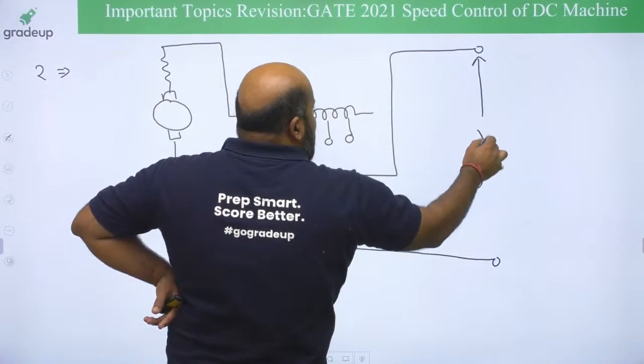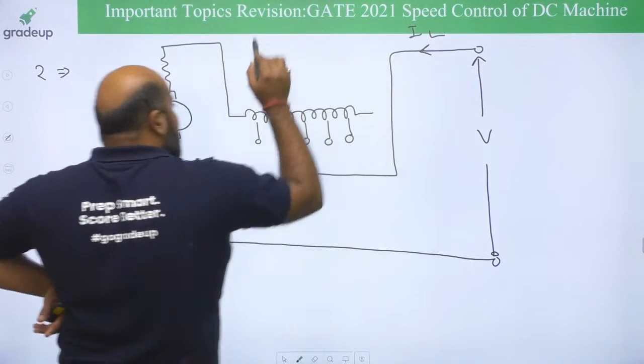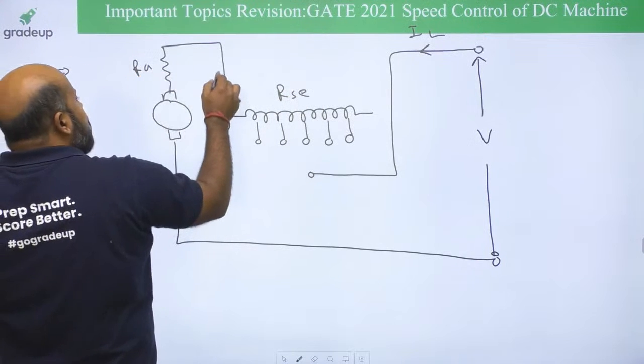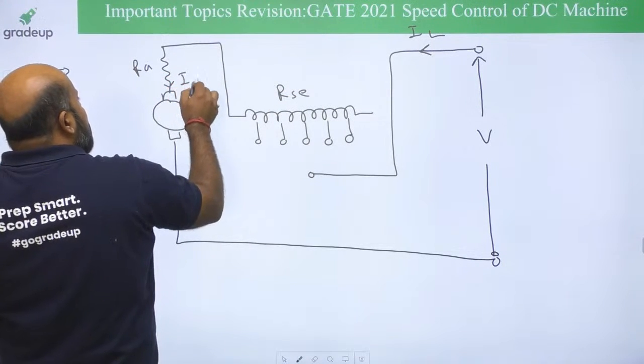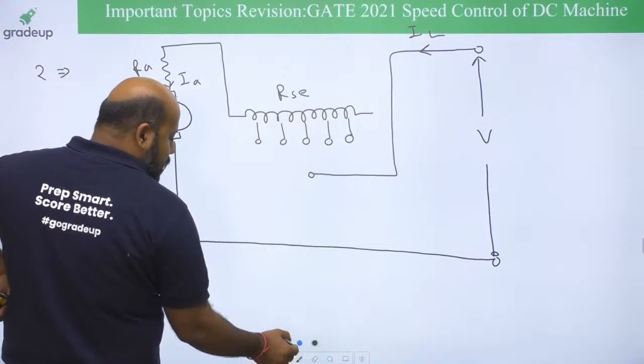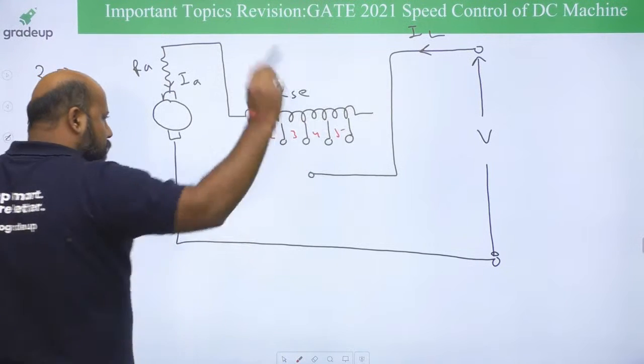This is your supply voltage. This is the line current taken from the supply. This is your series field. This is armature. This is armature current. And these are the tappings available at the series field. Suppose this is 1, 2, 3, 4, 5 and so on.